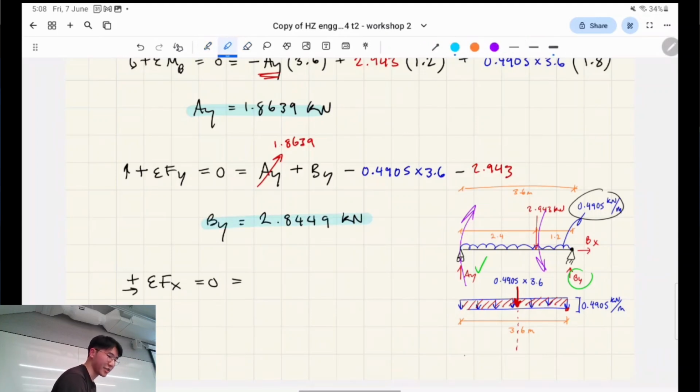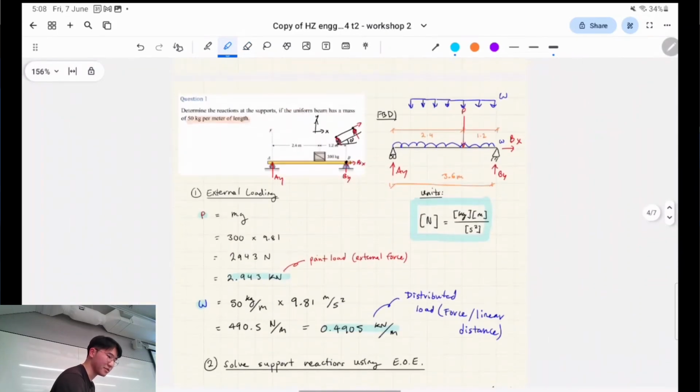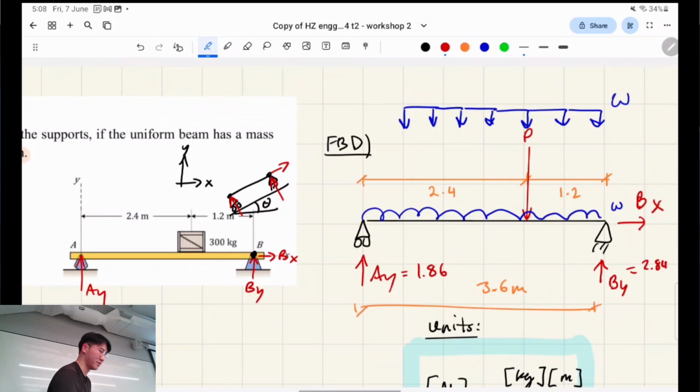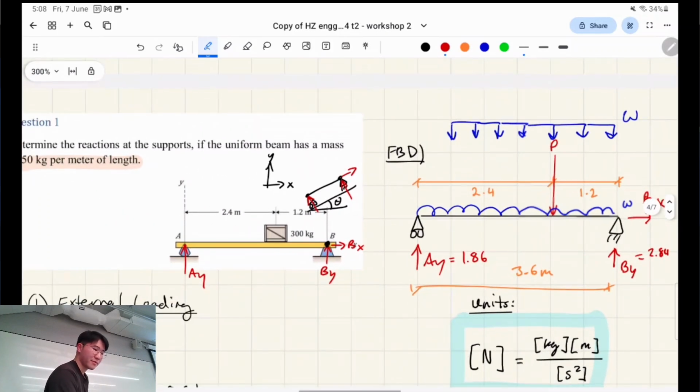If you want to do a sanity check, let's go back up to our original problem. Ay was 1.86, By was 2.84, right? Is the external loading on this beam skewed towards the left or the right side? Skewed towards the right, because the point load is towards the right.